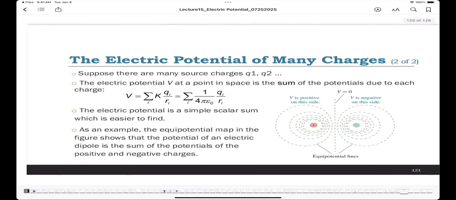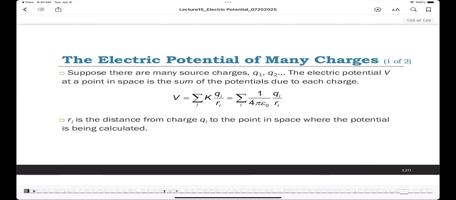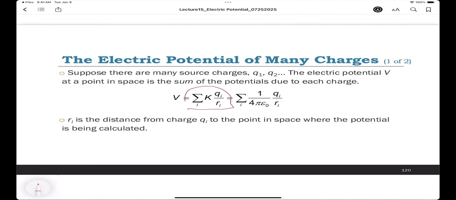Also, here is the electric potential of many charges. You can see we talked about only one charge. Suppose there are many source charges Q1, Q2. The electric potential V at a point in space is the sum of the potentials due to each charge. It's just like using this equation, but summing over all the charges. ri is the distance from charge Qi to the point in space where the potential is being calculated.